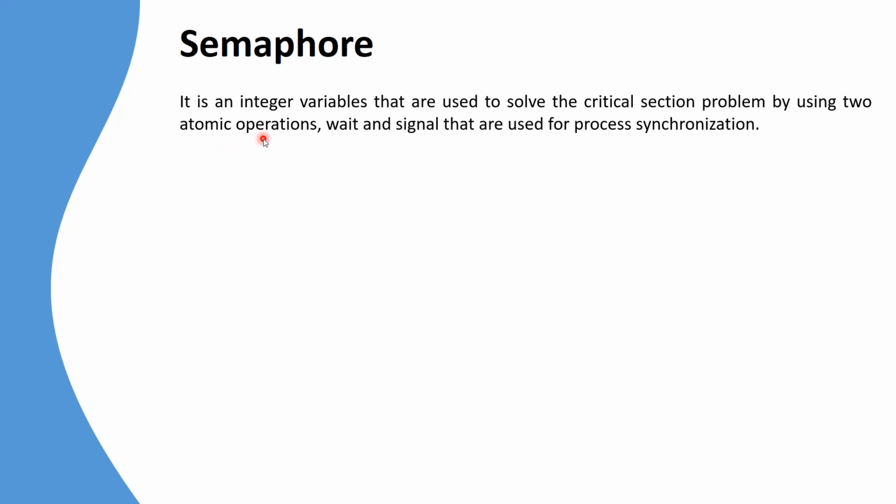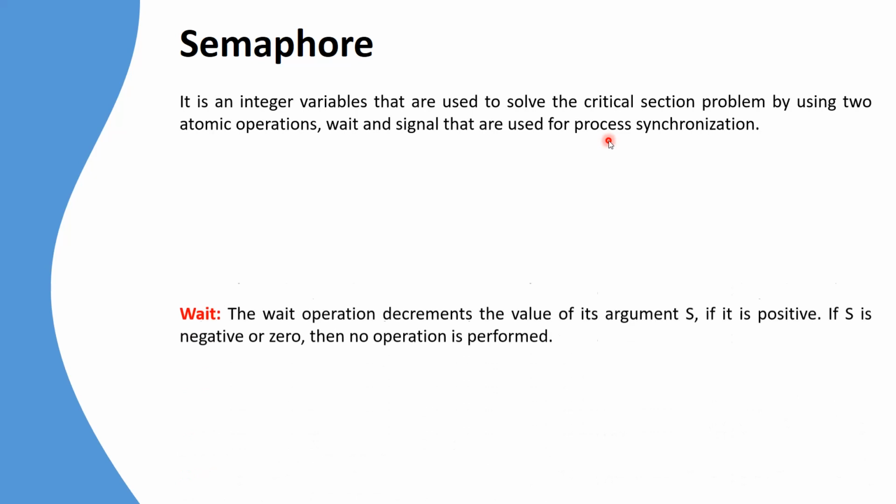That means when this particular operation wait or this particular operation signal is being executed by a process, other processes cannot interrupt in between. So that is why wait and signal are atomic. They cannot be interrupted in between the execution of the operation wait and signal, and are used for process synchronization.